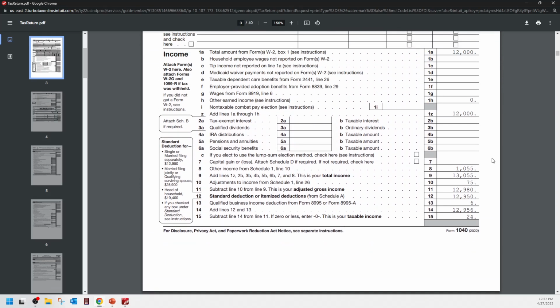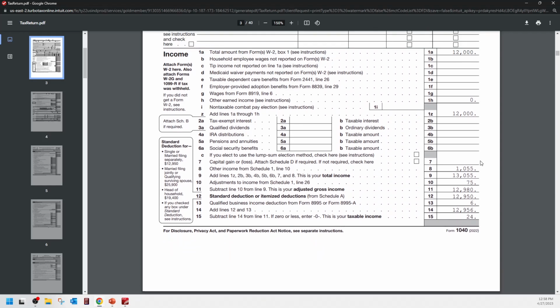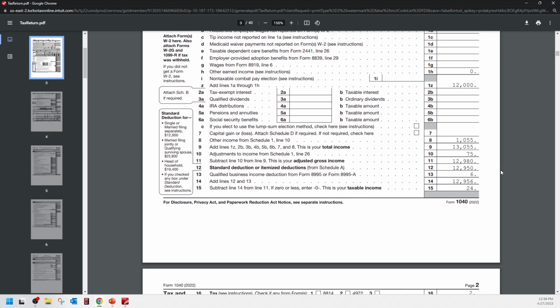And why is that? Well, it's because his income was low, right? He had $12,000 in W-2 wages, and then the amount of self-employed income from his business was only $1,055. So when you look at his total income, $13,055, after the QBI deduction, after the deduction for the 1/2 of the self-employment tax, and then after considering his standard deduction, $12,950, he can get his taxable income down to just $24, right?